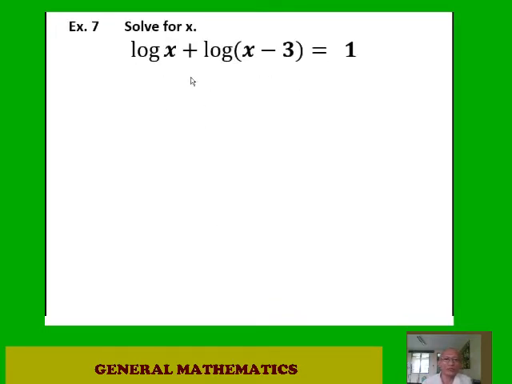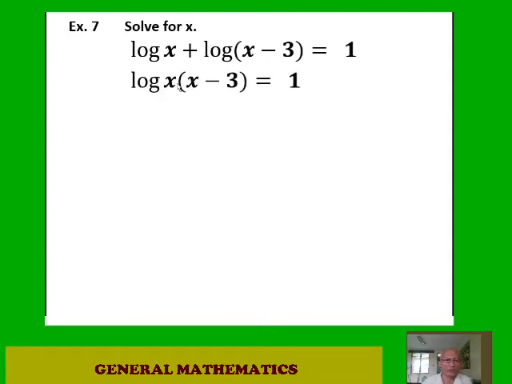Next, solve for x in this logarithmic equation. Log x plus log quantity x minus 3 equals 1. Take note that the logarithmic terms have the same base, 10, and it is the sum of these two logarithms according to the laws of logarithm. We can combine these two logarithms in a single logarithmic term in which x is multiplied with x minus 3.